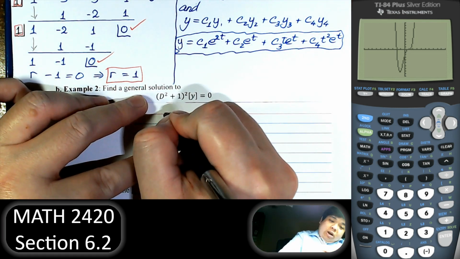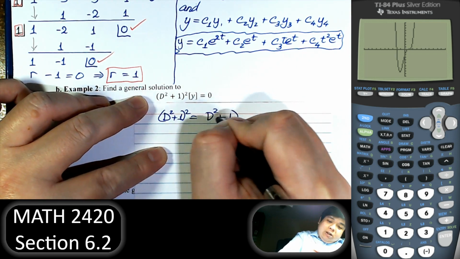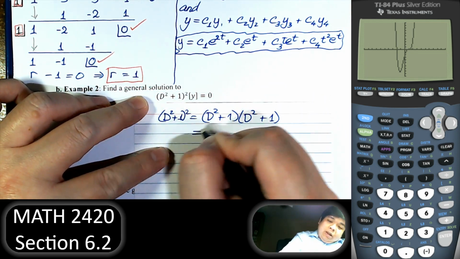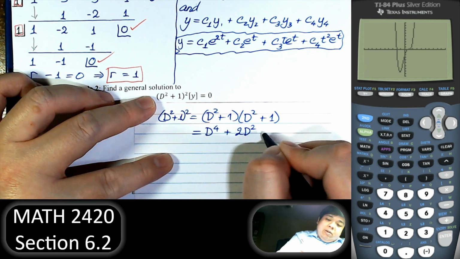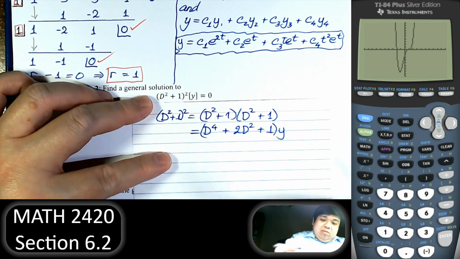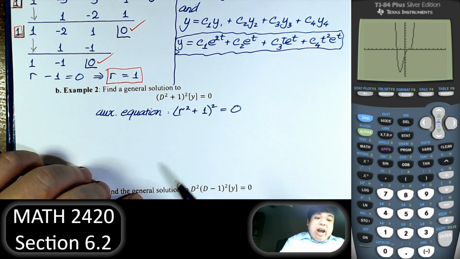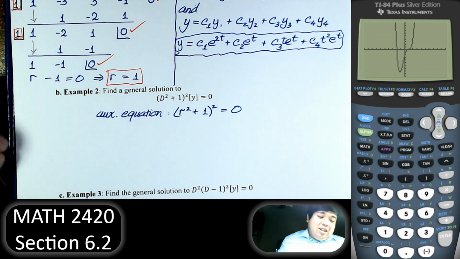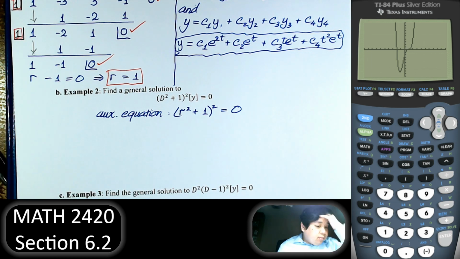D squared plus 1 squared, D squared plus 1 times D squared plus 1, D to the 4th plus 2D squared plus 1 times y, and we can just use that for the 4th degree. But if the equation is given in the form of D, replace D by r, and there is our auxiliary equation. So that's pretty simple there, right?